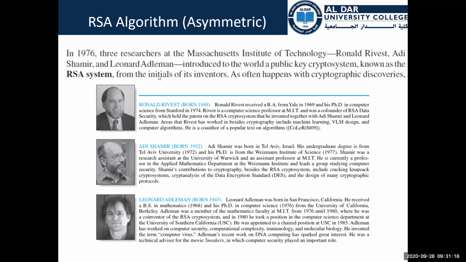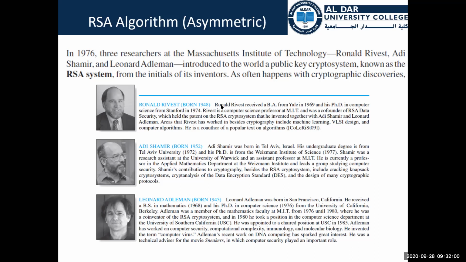It is named after them to relate the algorithm to its inventors, and we always do the same for new algorithms. If somebody invents a new encryption algorithm, it is named by his name. For example, El Gamal is the name of an Arabic man who invented the El Gamal algorithm.